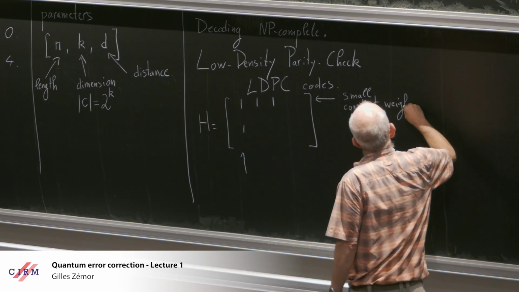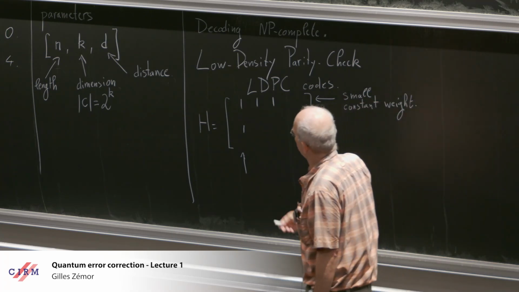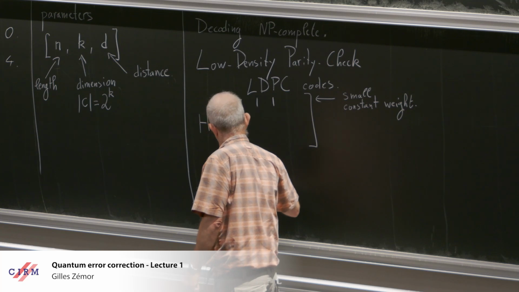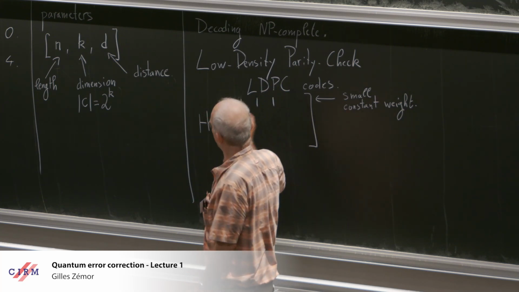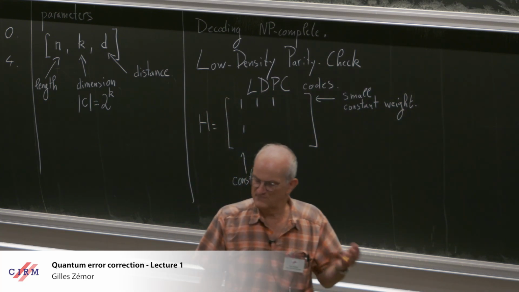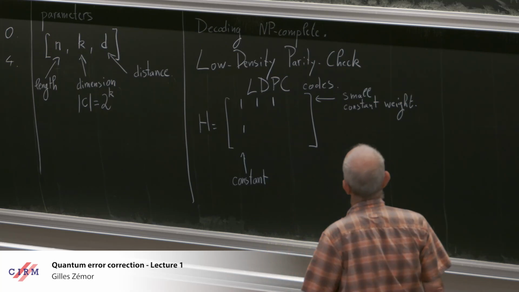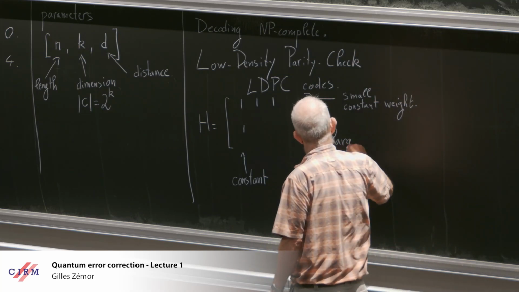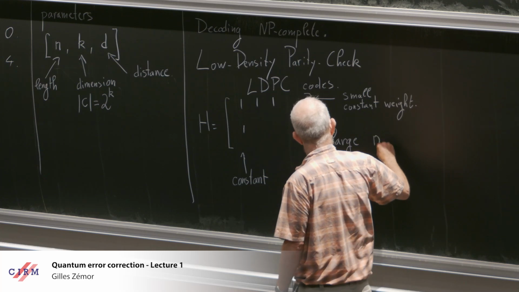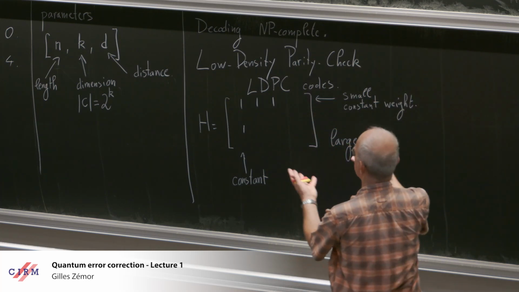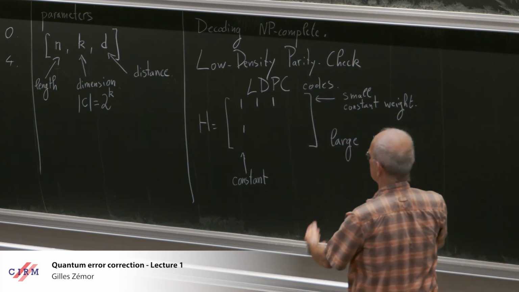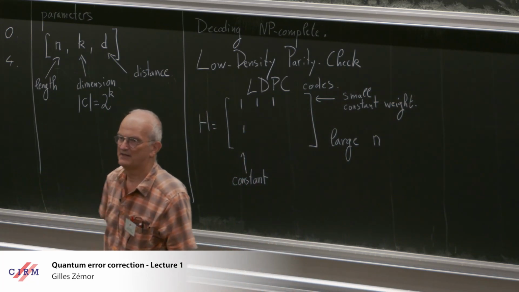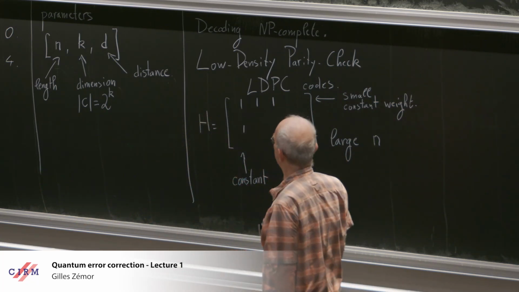That's the basic idea. So choose your columns and your rows with some constant weight and a large block length n, which will make the density of the parity check matrix, the ratio of the number of ones over the number of coordinates, very small, hence the name.